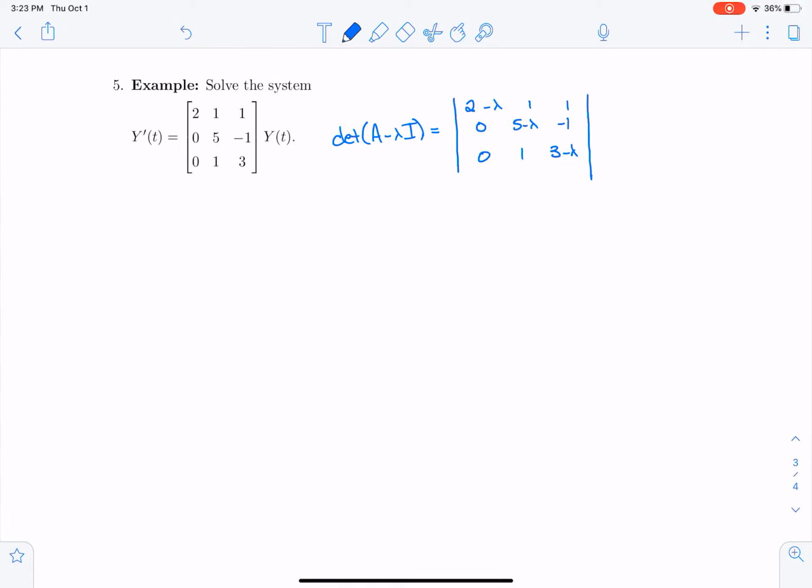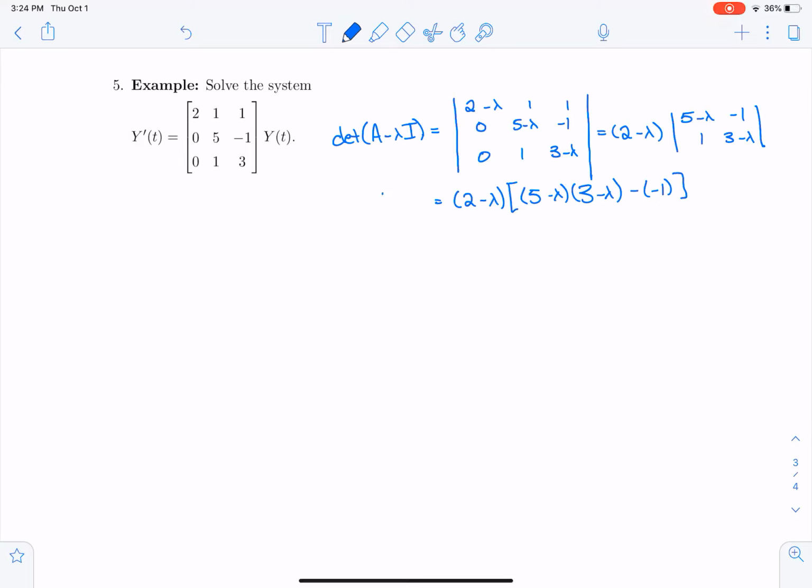And I can actually expand that around the first column so that I get 2 minus lambda times the determinant of the matrix 5 minus lambda, negative 1, 1, and 3 minus lambda. So in fact, that's going to give me 2 minus lambda times 5 minus lambda times 3 minus lambda minus a negative 1.